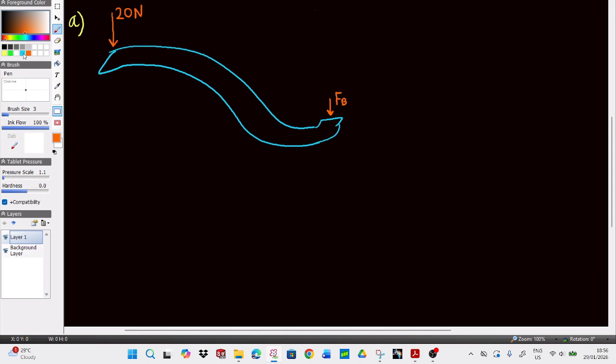Think of it like this: if you draw the free body diagram of the pin itself, and you are holding the pin very tightly, FB and FB.